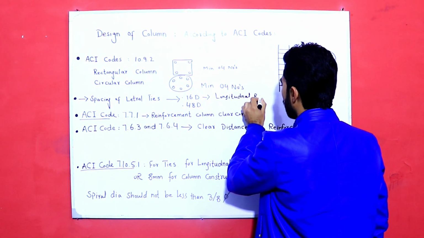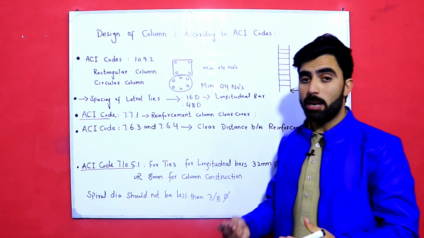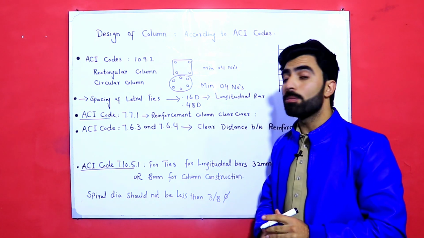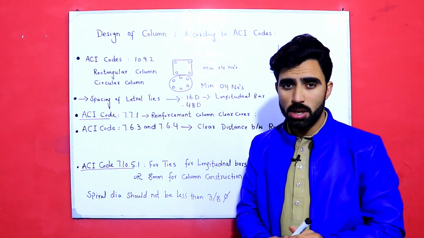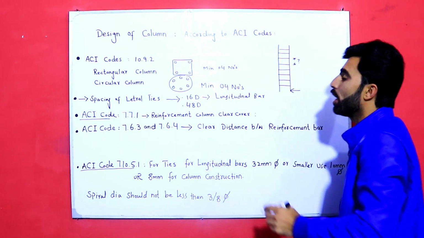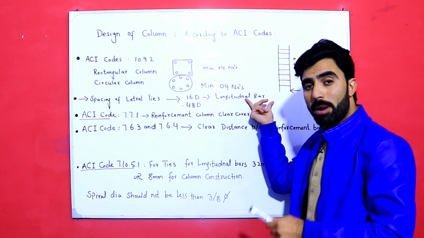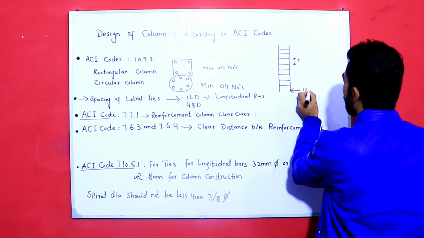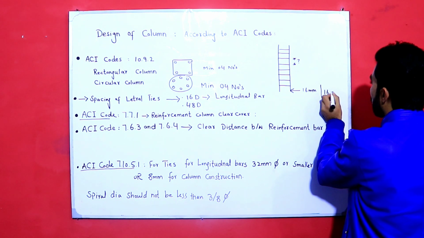If it is 16 mm, 12 mm, 20 mm, 25 mm, 32 mm, any steel bar you use, the dia in mm should be multiplied by 16, and that gives the spacing of lateral ties, from one lateral tie to the next. Suppose the dia of the longitudinal bar is 16 mm, then 16 multiplied by 16.